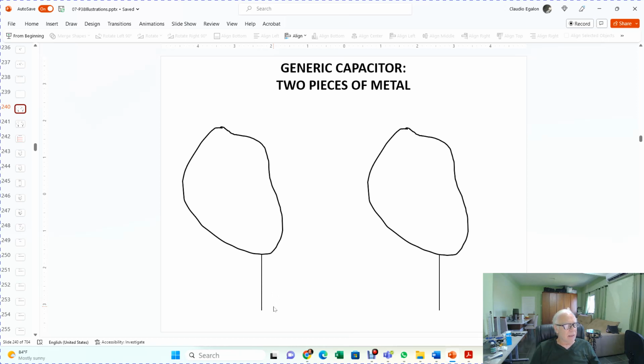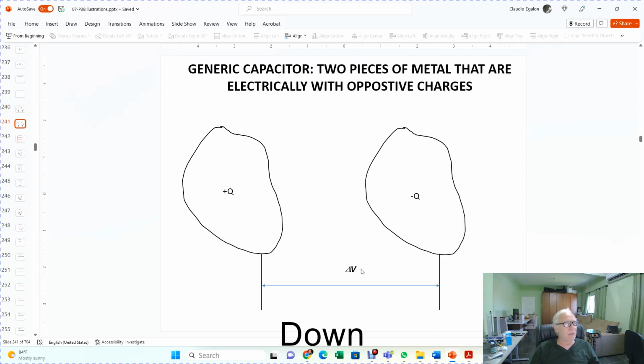It is not in electrical contact with anything else, because the dielectric material does not allow the electrons to flow from the metal. Here we have the same thing. That's what a generic capacitor is all about. Once you have this idea of a generic capacitor, you can come up with some specific capacitors.